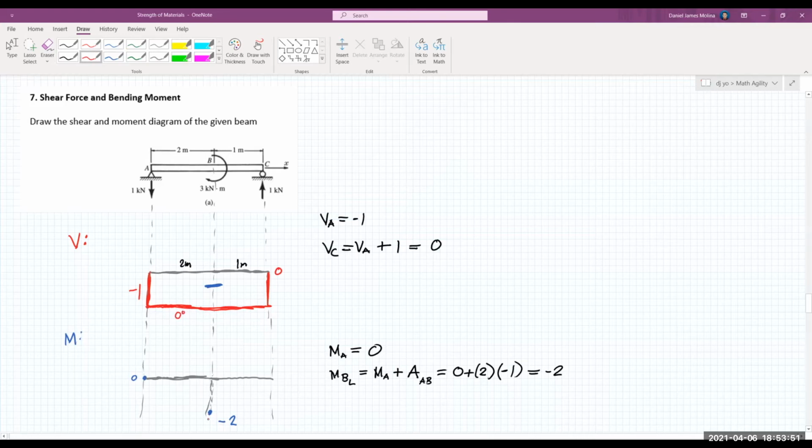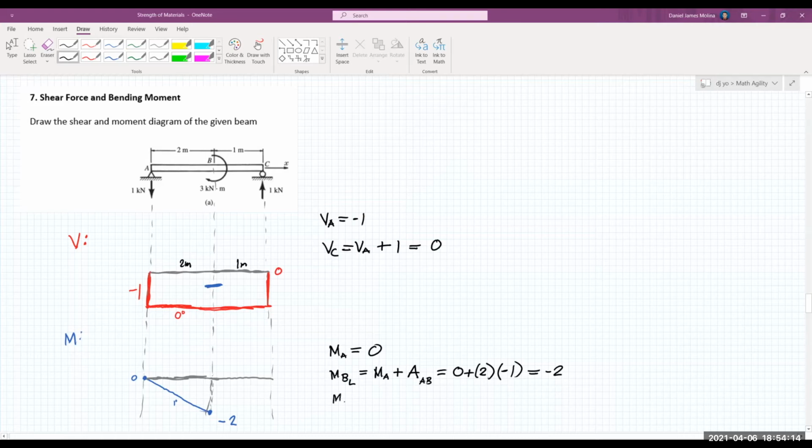To determine the shape of the moment diagram along that portion, we must increase the degree of the curve by 1. So we have a 1 degree curve, which is an inclined line. Let's simply connect the 2 points here. So this is a 1 degree curve or a straight line. So we have negative 2.